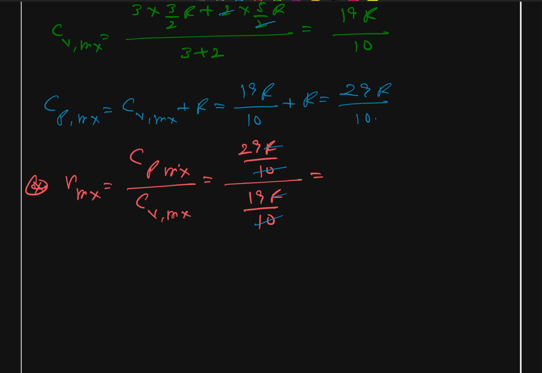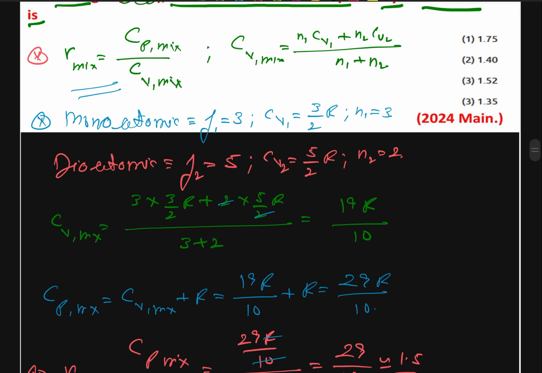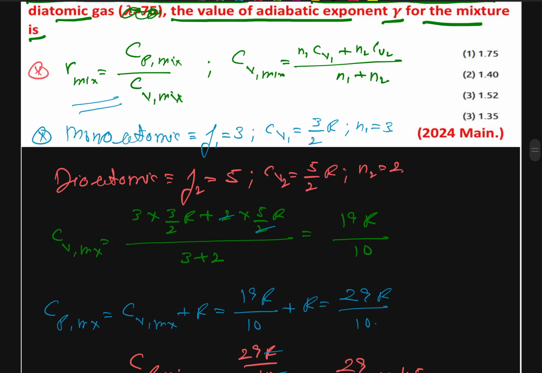So we get this as 29 upon 19, and it is given the fraction, so this will be approximately equal to 1.5. So option number 3 is correct.